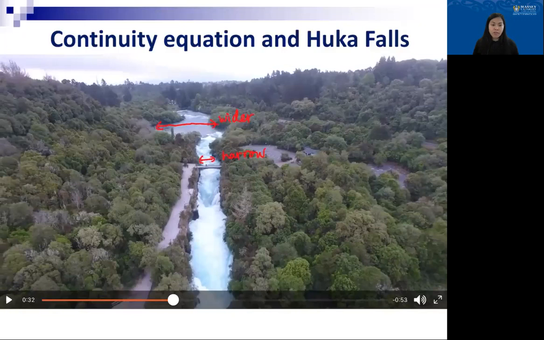Right. Okay, so Huka Falls is probably a good analogy for the continuity equation. All right. Okay, now let's look at some numerical examples, like examples of questions where we might use the continuity equation.